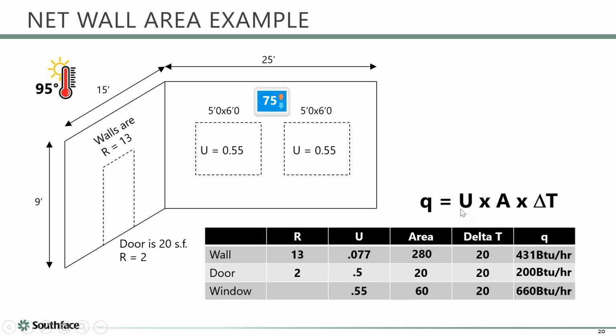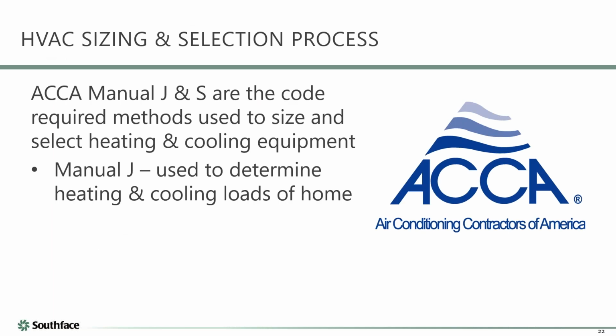And it's all based on this equation, UA delta T. So in this example, you do the math and you see the walls are contributing about 400 and the doors are about 200 and the windows are about 660, and that's about 1300 BTUs. So that's essentially what a load calc is doing: it's going to do UA delta T under all those conditions.